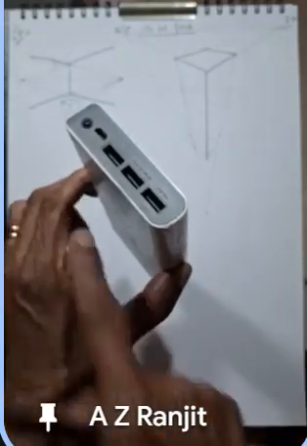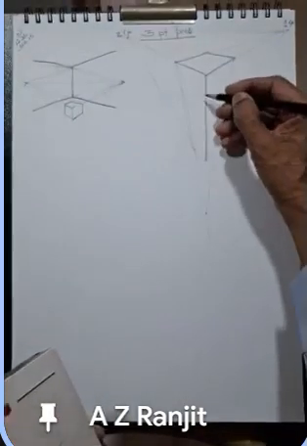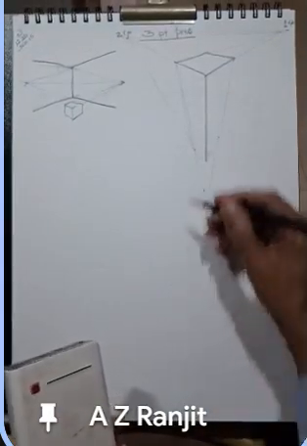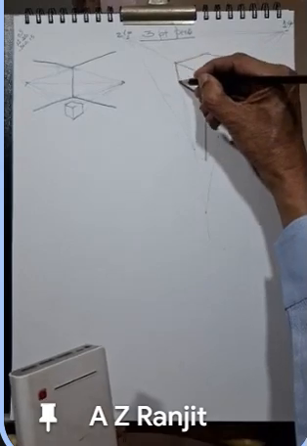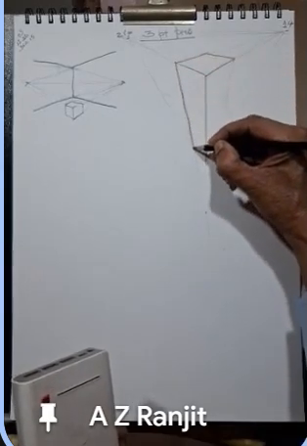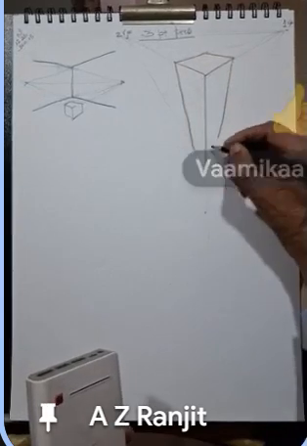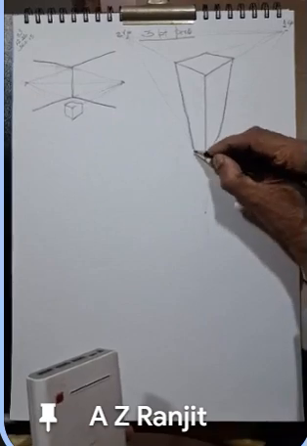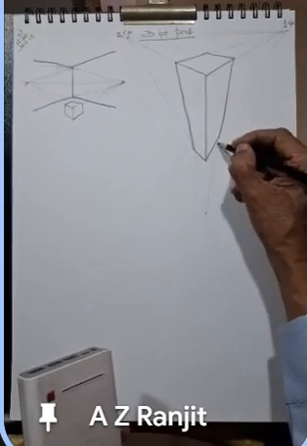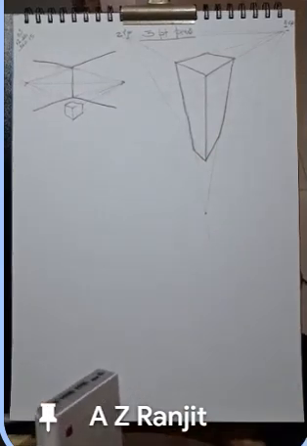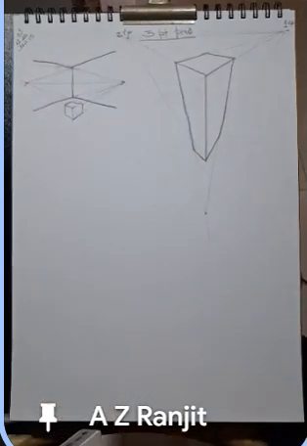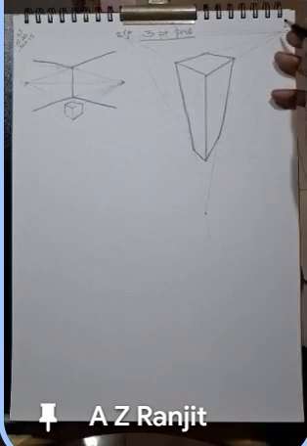This and this, not this. So that line has to be taken like that, and from there we extend it, and we find out the vanishing point. Okay, we know this vanishing point.